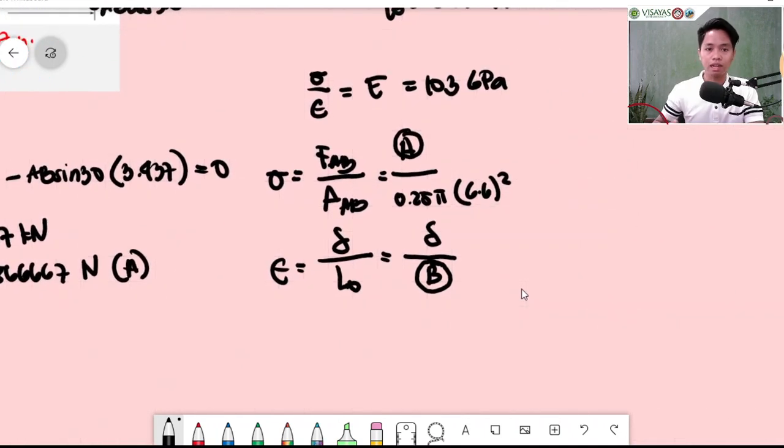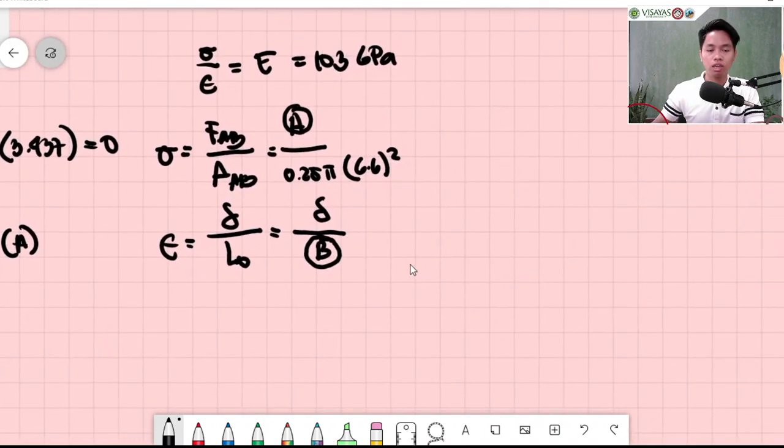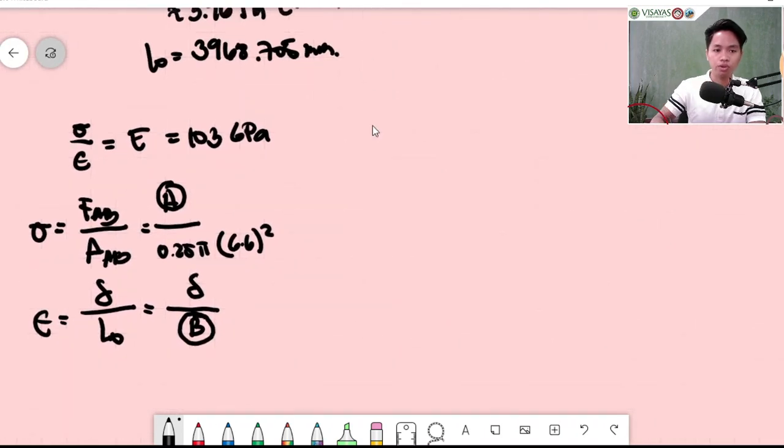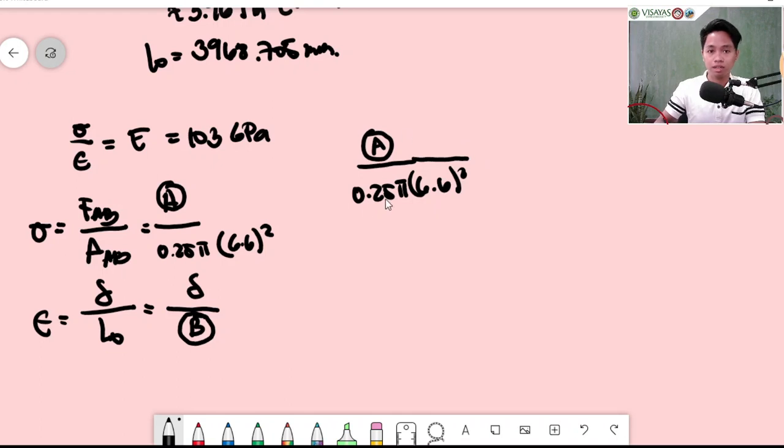So, our working equation would be A, whatever value is in A, divided by the area which is 0.25 pi times 6.6 squared. This term here is our stress divided by our strain, which has a value of delta over whatever value is in B. Stress over strain is in Newton divided by mm squared, so that would be in megapascal.